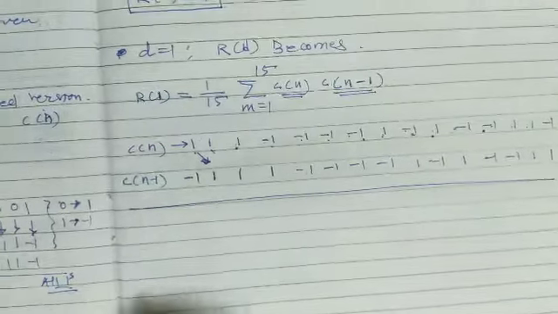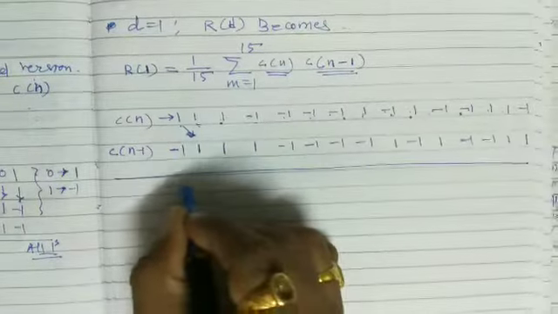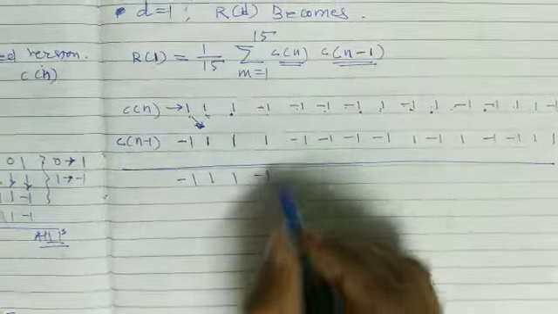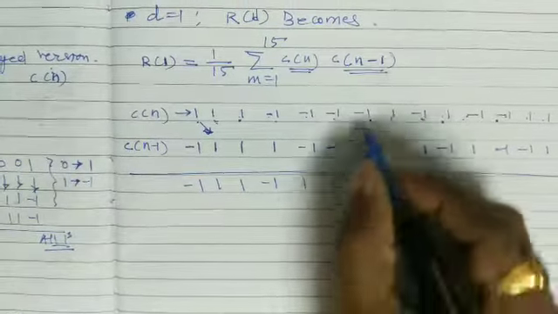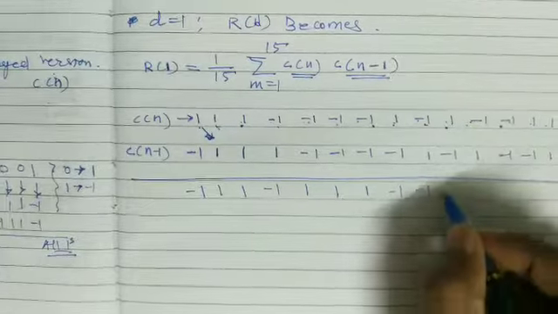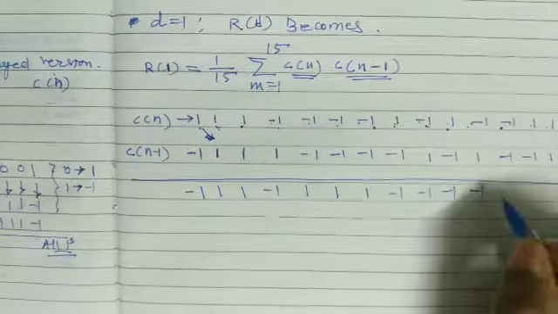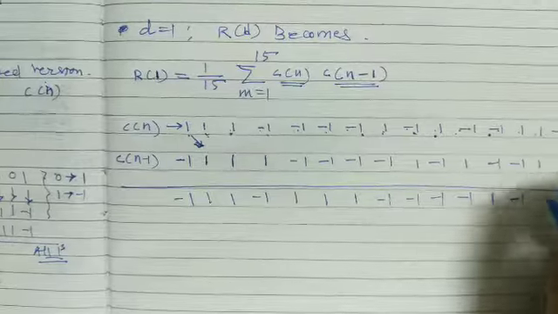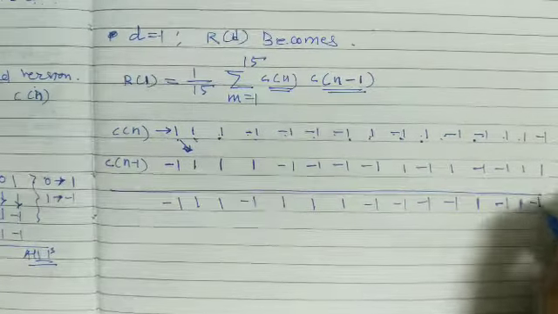If we multiply this particular C of n and C of n minus 1, here we will get minus 1, here it is 1, 1, here it is minus 1, here it is 1, here it is 1, here it is 1, here it is minus 1, here it is minus 1, here it is minus 1, here it is also minus 1, here it is 1, here it is minus 1, here it is 1, and here it is minus 1.